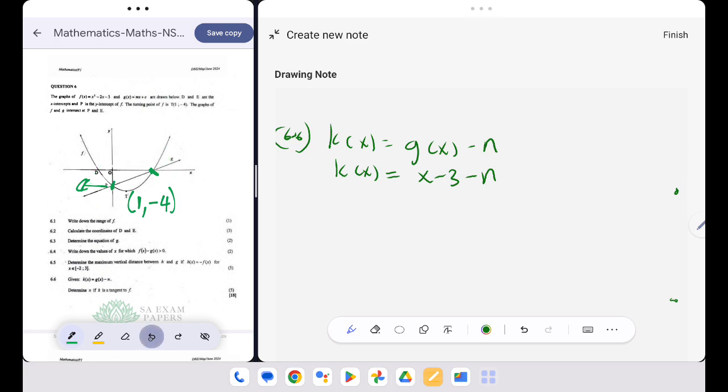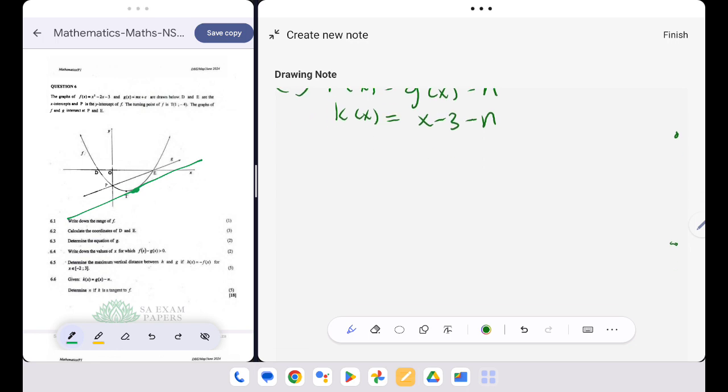Here guys, whenever they tell us that a graph is a tangent, it means that the graph must touch once here, like this. So here, determine the values of n if k is a tangent to f.